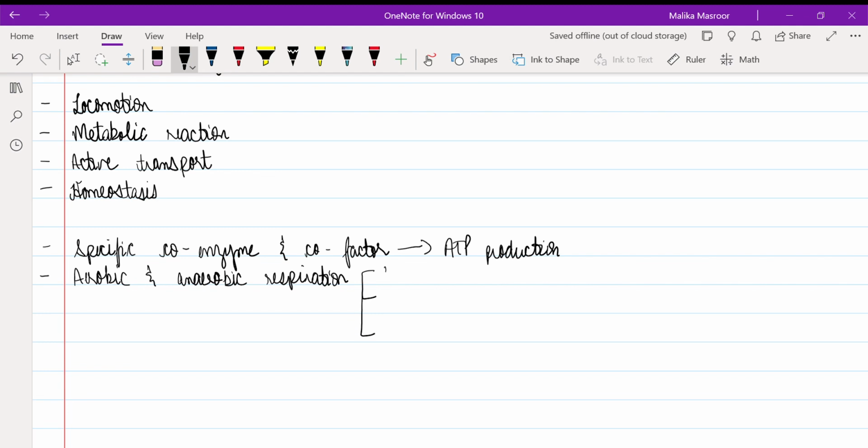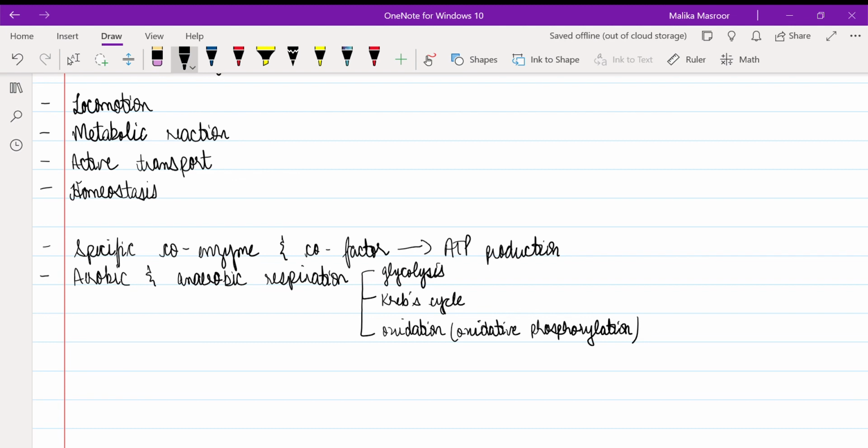The first one is glycolysis. The second one is the Krebs cycle. And the third one is oxidation, which we can also call oxidative phosphorylation. Clear up to here?